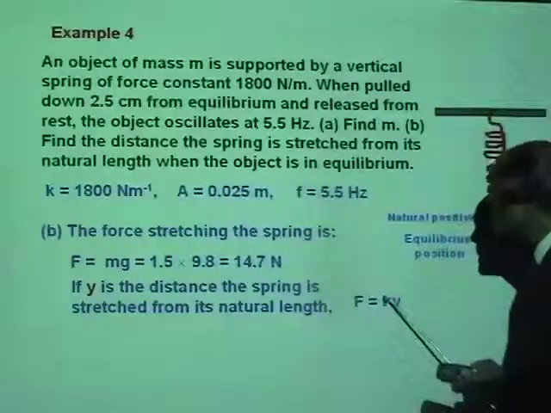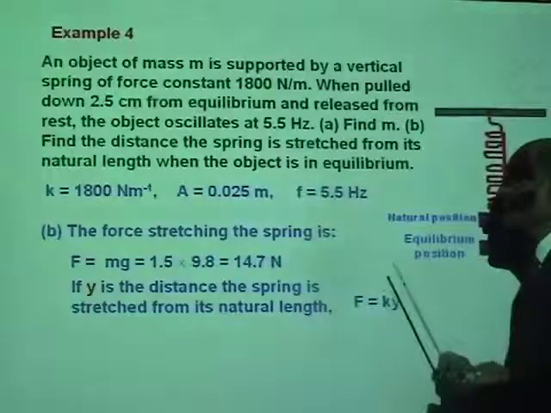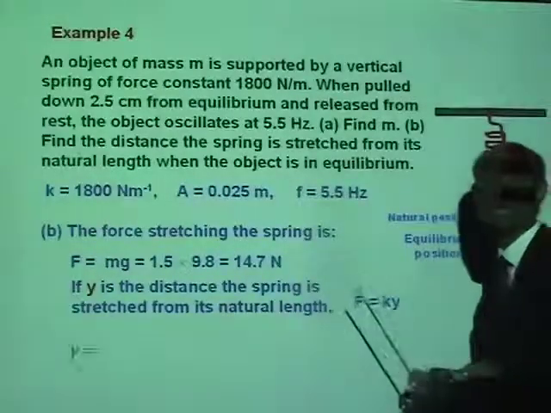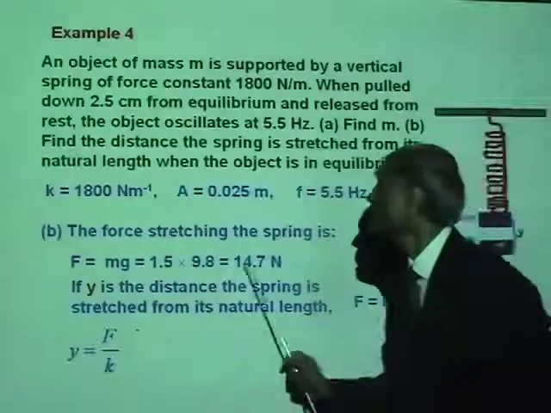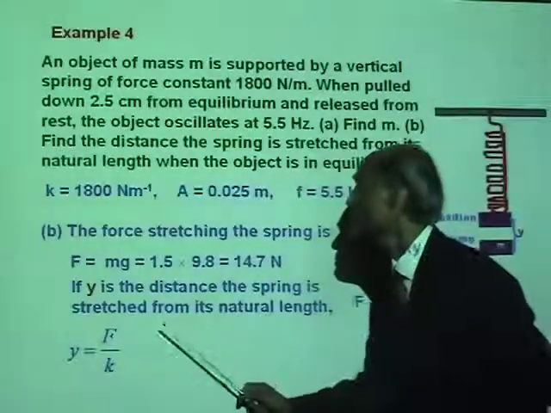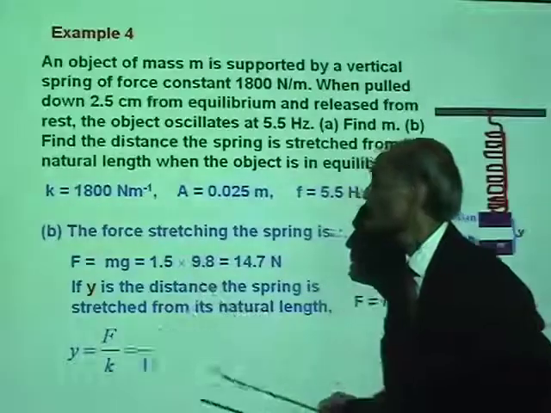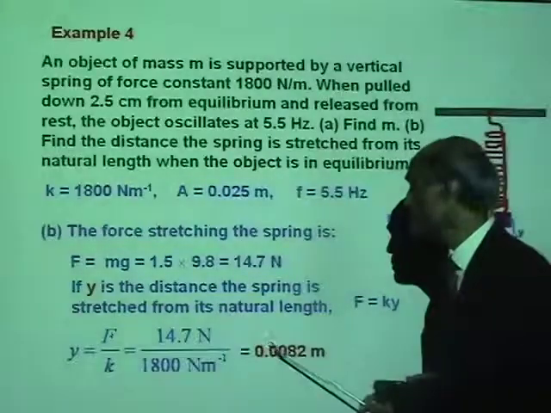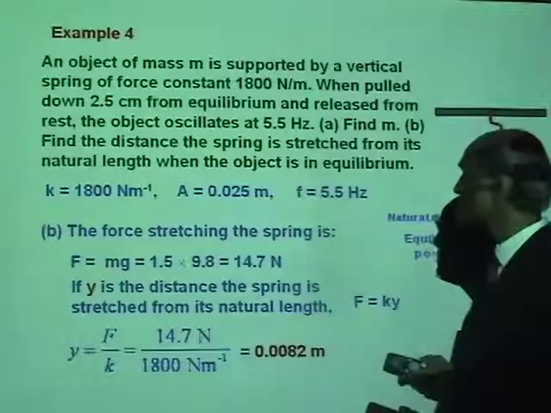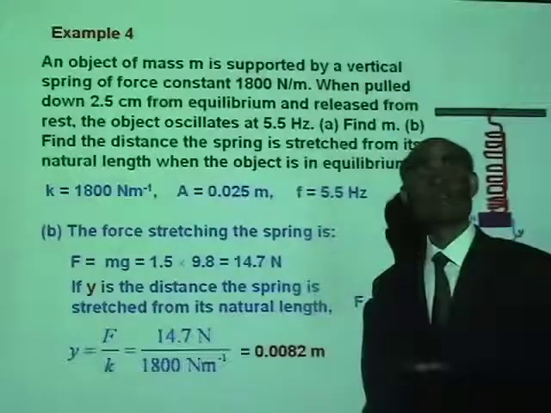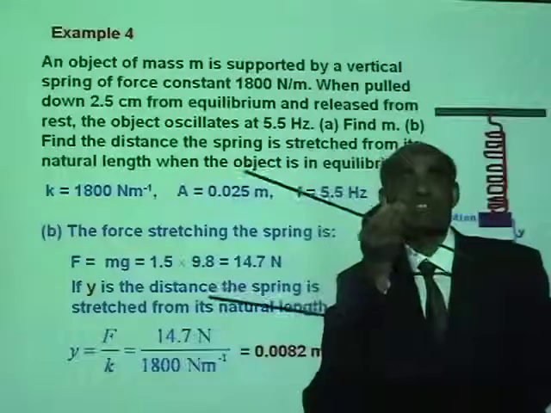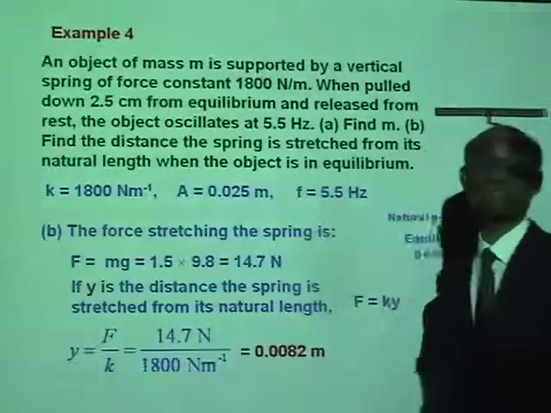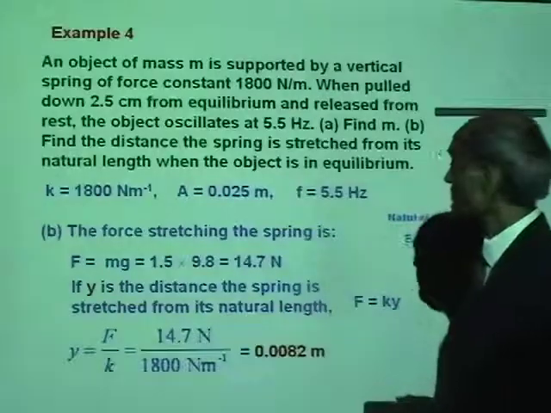F equal to Ky, and therefore y equal to F over K. And F is 14.7 Newton, K is 1800 Newton per meter, and that is 0.0082 meter. And that is the distance the spring will be stretched when the mass is hanging from it. Alright?